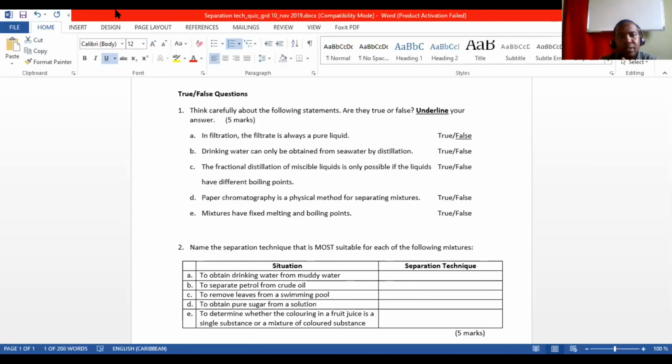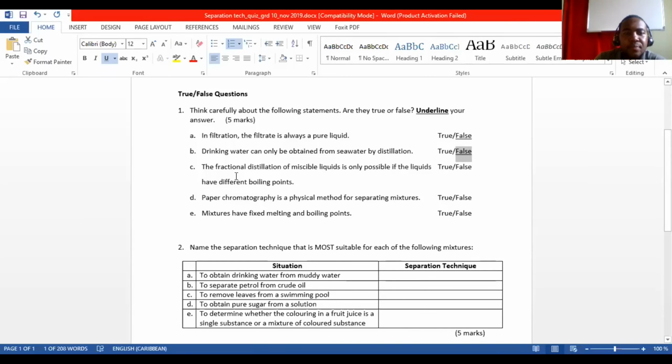If you remove salt from it, then we can go ahead and collect the water. So that's true, and therefore this statement would be false, because we can use desalination to get the water.